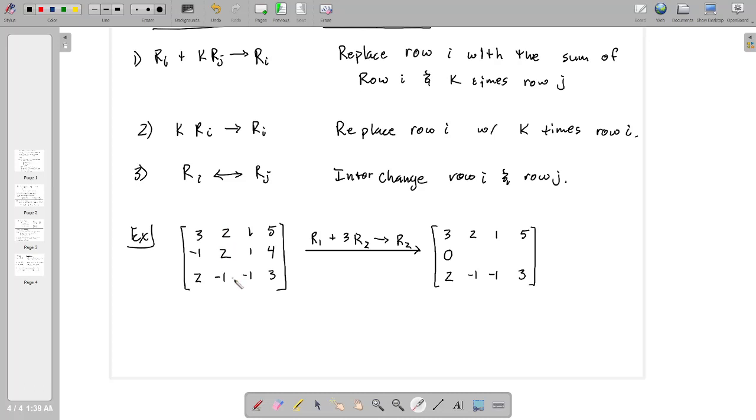So 2 plus 3 times 2. 3 times 2 is 6, plus 2 is 8. Now we take the third element in the first row and add it to 3 times the third element in the second row. So 1 plus 3 times 1. 3 times 1 is 3, 3 plus 1 is 4. Lastly, we do the last element of the row, 5 plus 3 times 4. Now 3 times 4 is 12, 12 plus 5 is 17.